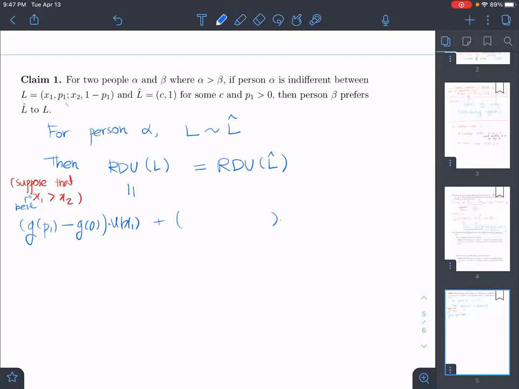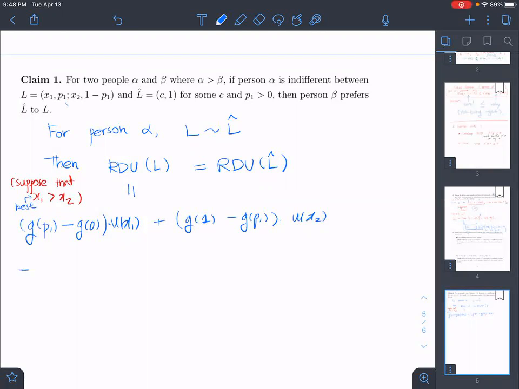Now for the second one, U of x2. Now everything is weakly better than x2. So we have G of 1 minus G of P1, since only x1 is strictly better than x2, so we have G of P1 here.